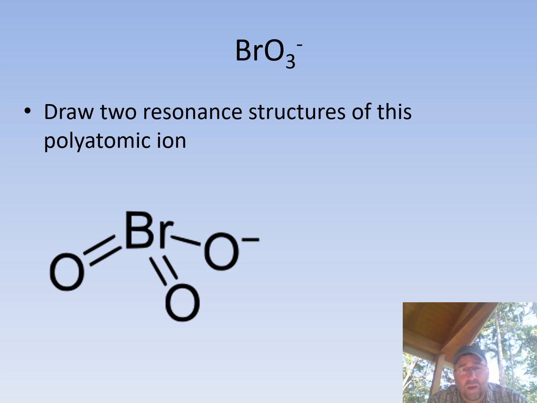As you can see, it's awfully similar to the chlorate polyatomic ion. That single bond could be here, here, or here. And this negative charge could be here, here, or here. So in fact, the average is going to be -1/3, a -1 charge divided by 3 oxygens.